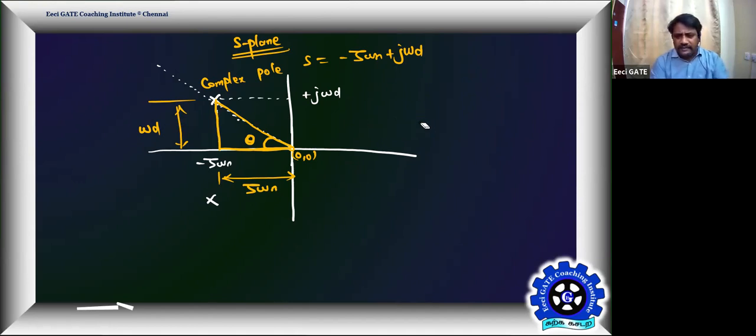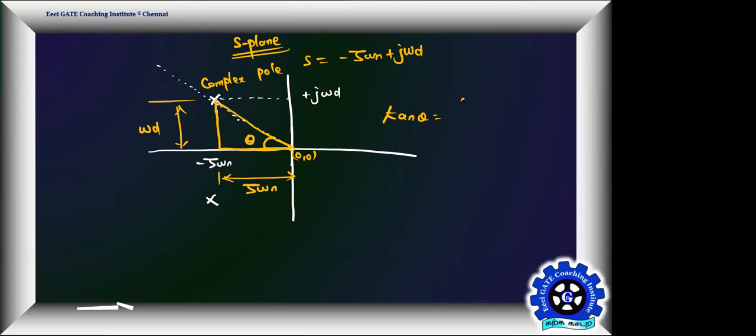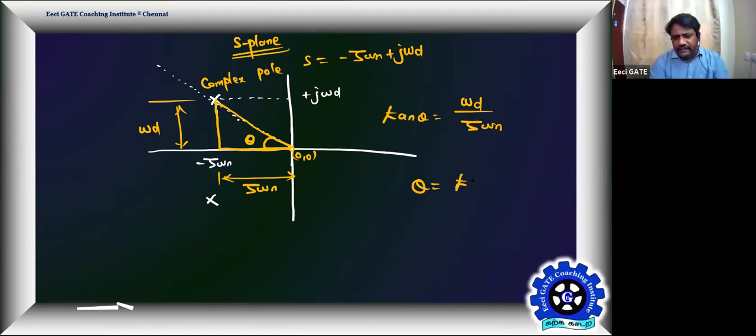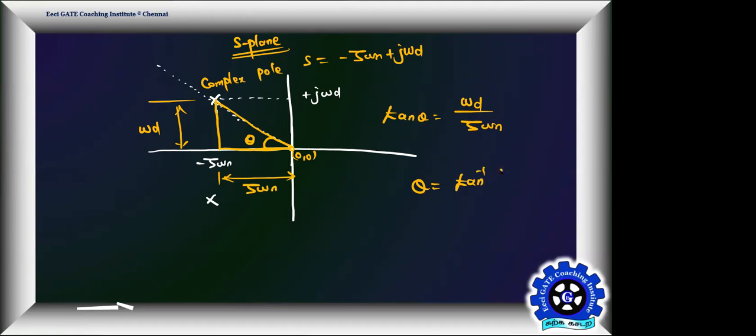Tan theta is opposite by adjacent, which is omega d by zeta omega n. So from this, theta is tan inverse of omega d by zeta omega n.